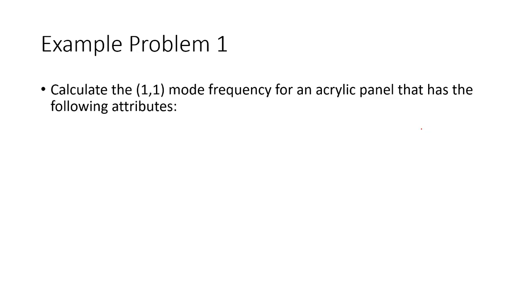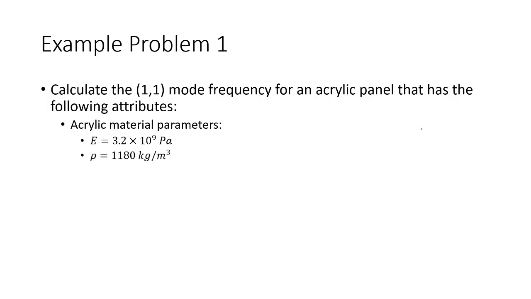Alright, so let's do some example problems then using this equation. Example problem 1 is to calculate the 1-1 mode frequency for an acrylic panel that has the following attributes. The material parameters for acrylic are: the Young's modulus is 3.2 times 10 to the 9 pascals, that's 3.2 gigapascals.